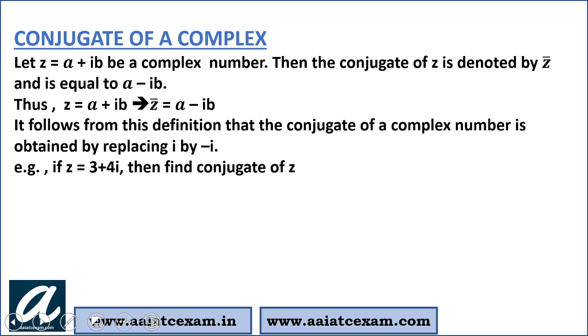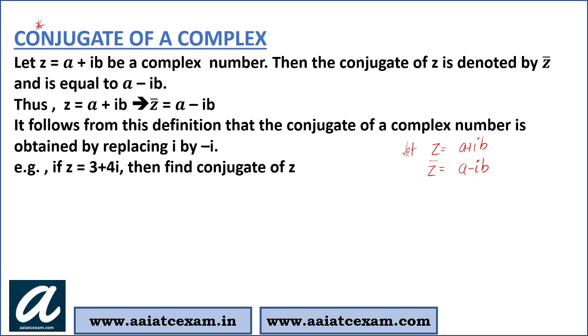Now let's talk about two very important properties. The very first is the conjugate of a complex number. Students, consider you're writing a number in the standard form a plus iota b. Then the complex conjugate of this number is nothing but just change the sign of the imaginary quantity, that is b.